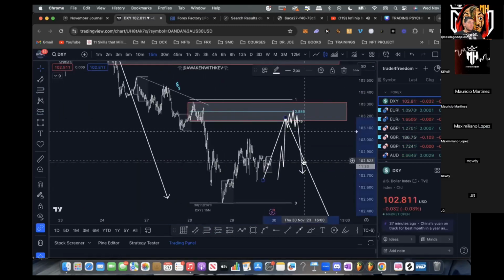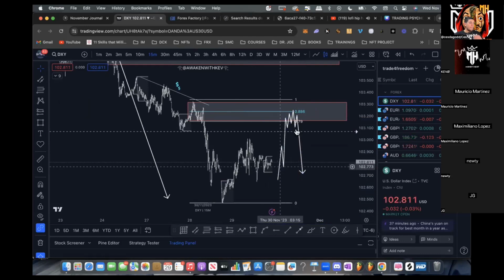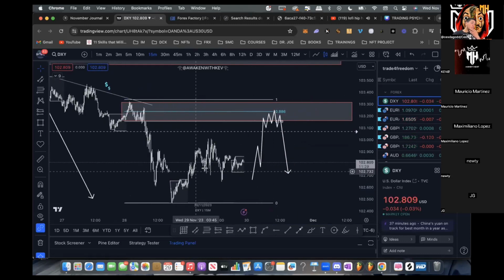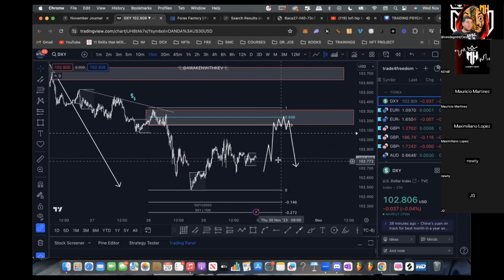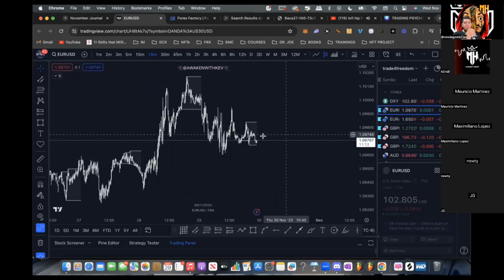We could see this thing go higher, or this is the little distribution schematic. We had a little upthrust, broke the structure, and now we could maybe just continue rolling over to the downside from here. So we're in an interesting spot. I'm just sitting on my hands for the moment.